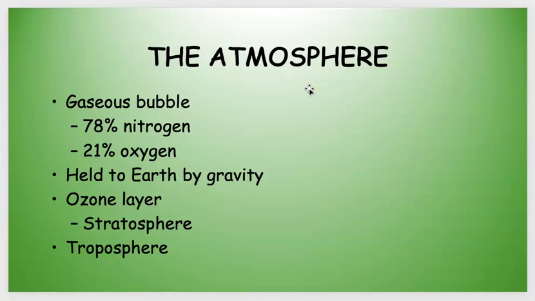All right. The ozone layer is there for ultraviolet radiation. Why don't we like UV rays? What do they do to cells? They don't just give you sunburn.